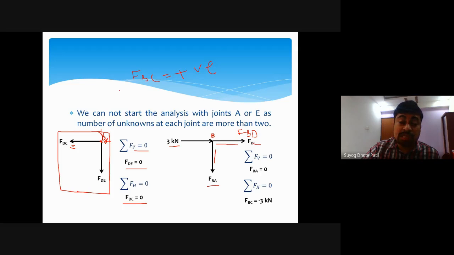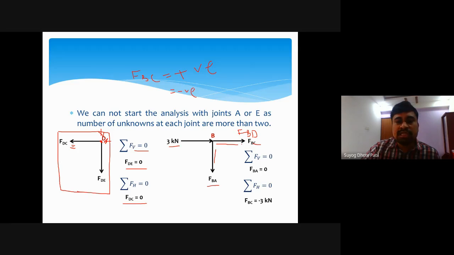After application of the equilibrium equations, that is, the summation of all the horizontal forces and vertical forces equal to 0, and after solving, if I find the FBC force is a positive value, then the assumed direction of this force is correct: the member force is moving outward. If the FBC value comes out negative, it shows that the assumed direction for that force is false.